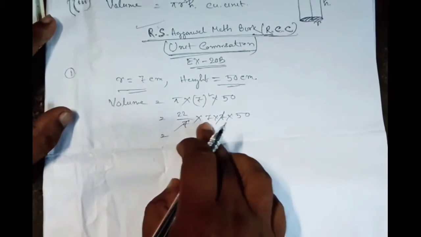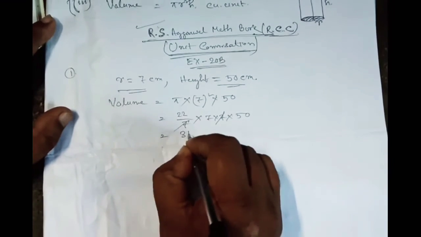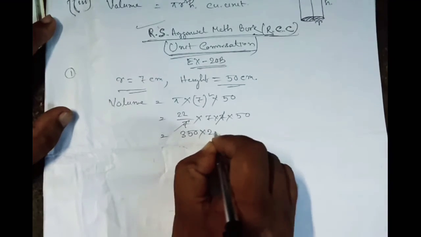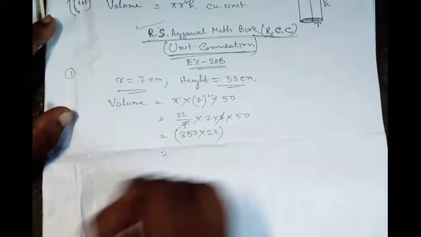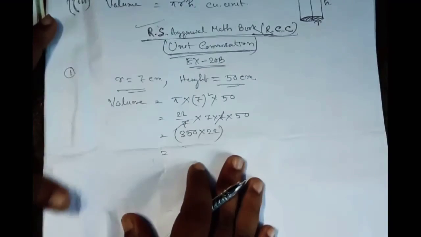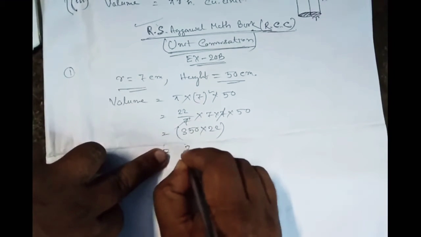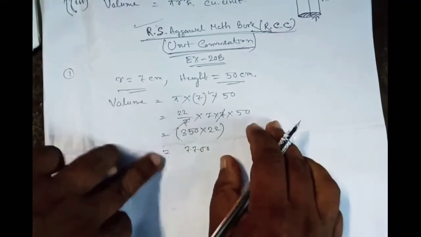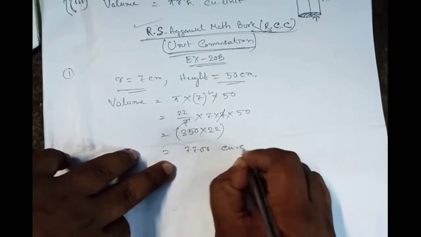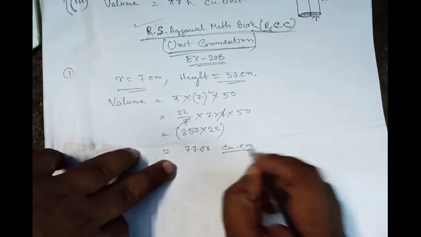So 350 into 22. If we calculate here, the answer should be 7700 cubic centimeter, or centimeter cube.